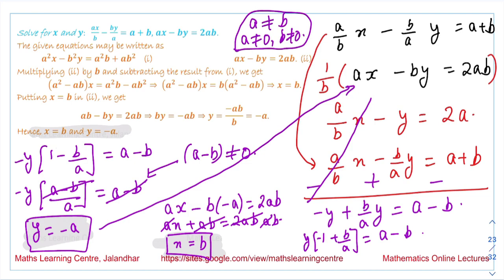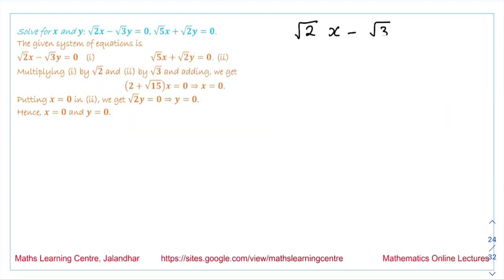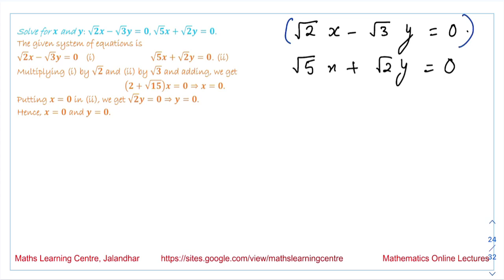Now the next question we have is root 2x minus root 3y equal to 0 and root 5x plus root 2y equal to 0. This is a square root over here. So what we are going to do is multiply the first equation with square root 2 and the second equation with square root 3.